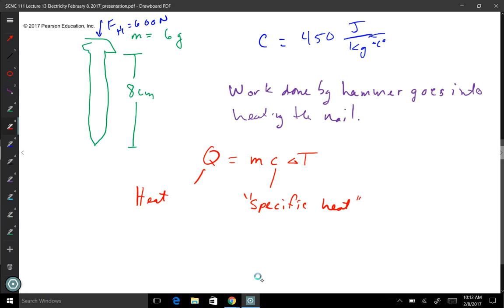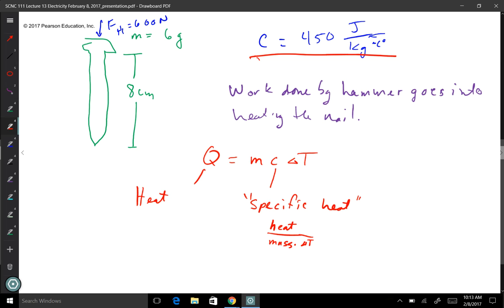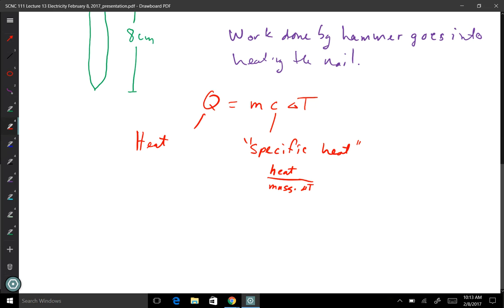And what that means is it's the heat divided by mass times change in temperature. And that's going to be different for each different type of material. So we have to know the specific heat of the material. Well, that was given to us right there. And then finally, we have the change in temperature. Actually, before I put values in, I'm solving for change in temperature, right? So if I want to solve for change in temperature, I have to divide both sides by MC.